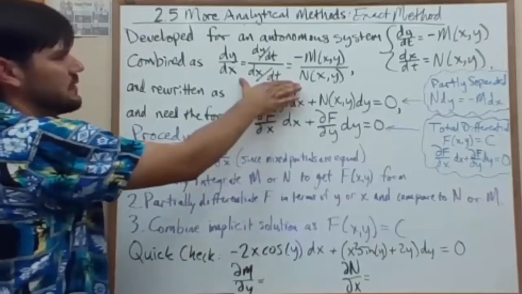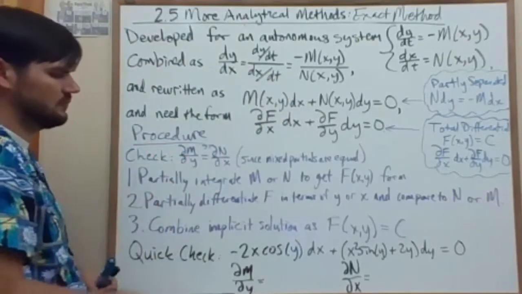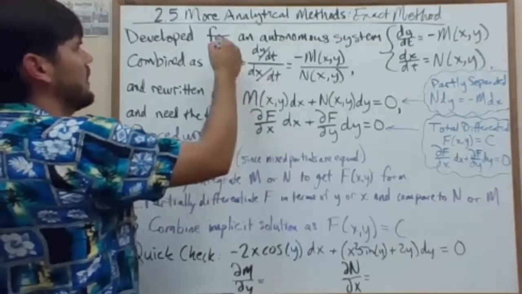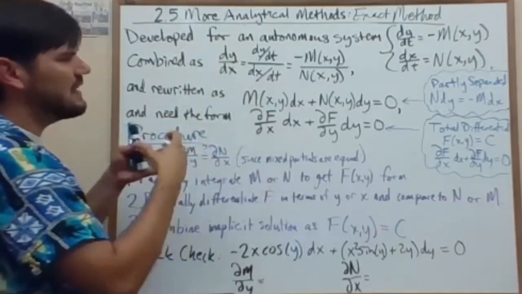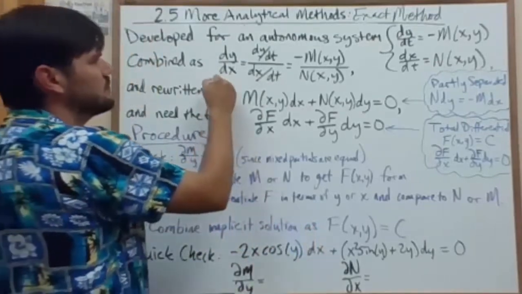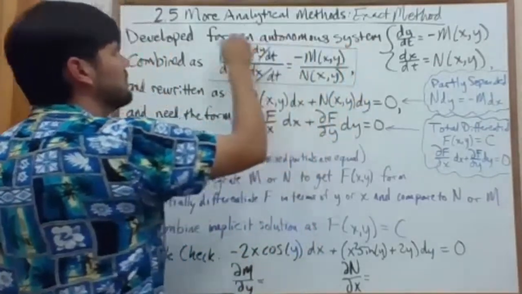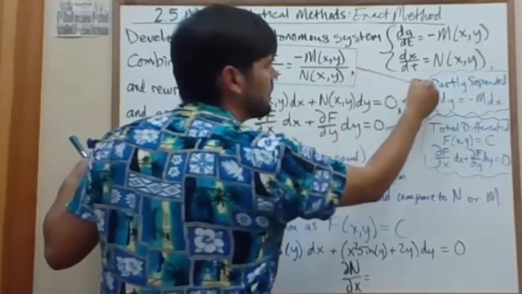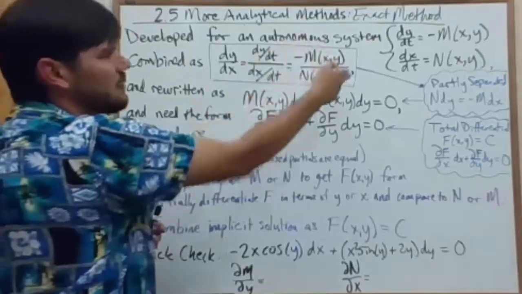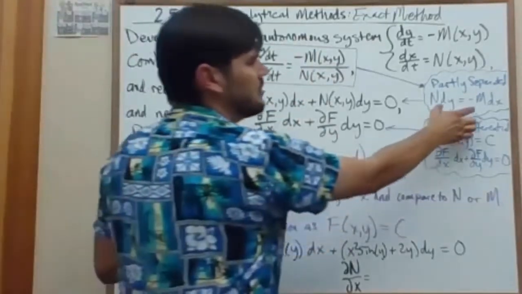Once we have this differential form, this derivative, we're going to separate, just like the separable method. We first separate by multiplying the dx on one side, n on the other.